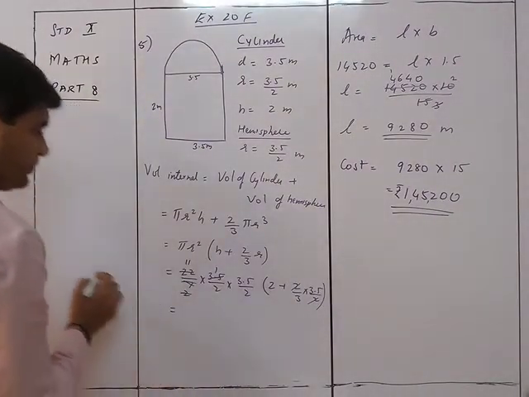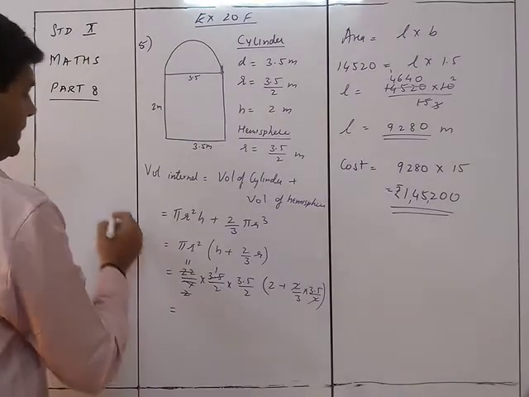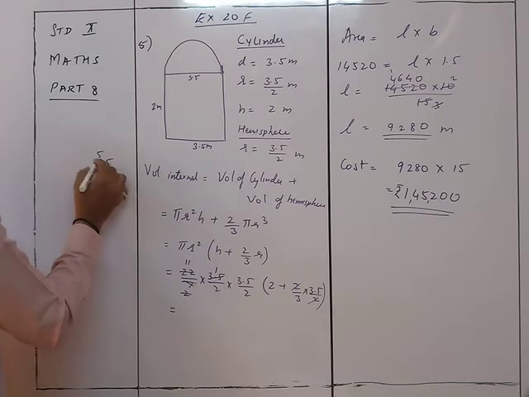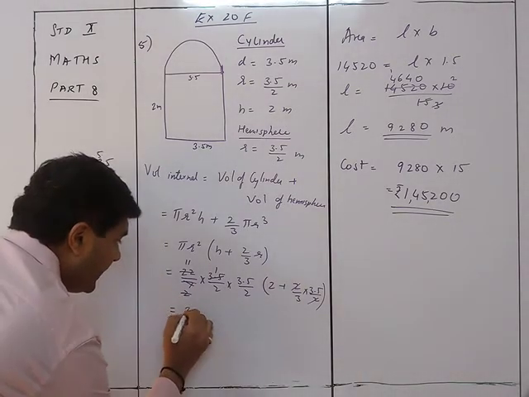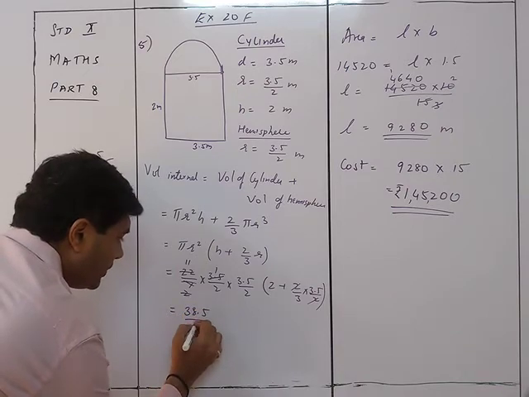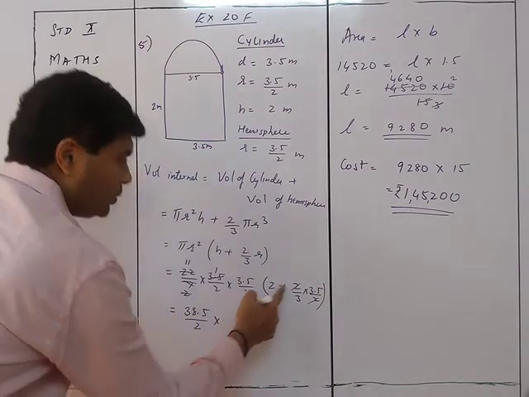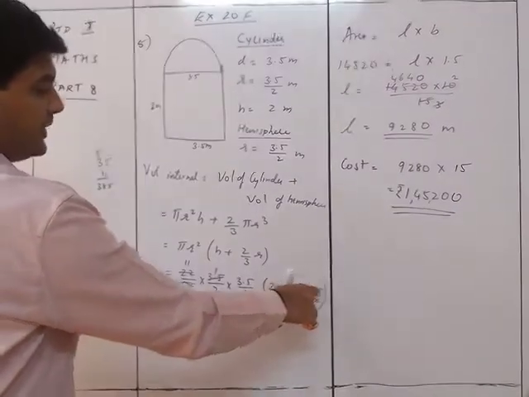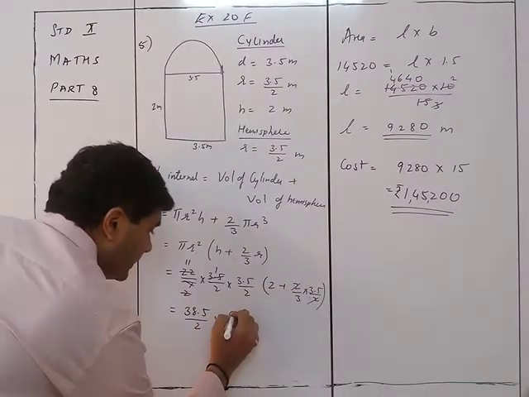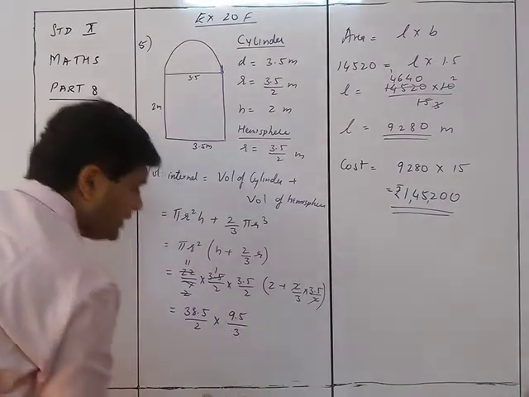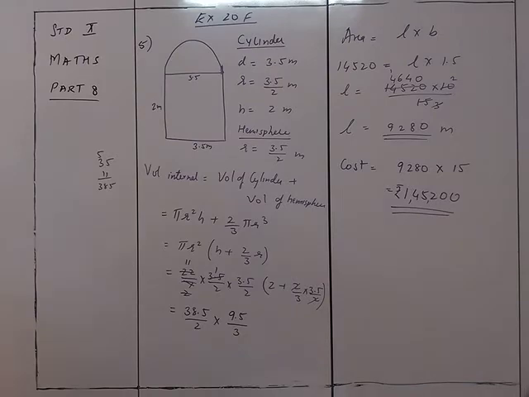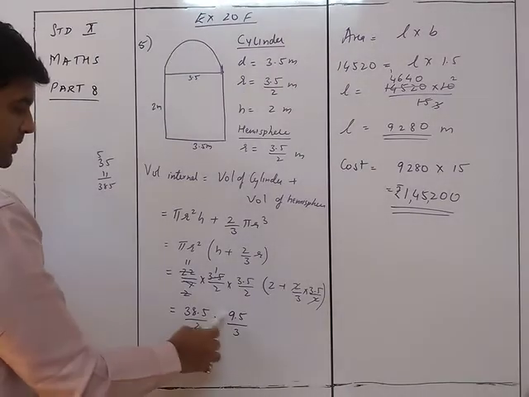So this will be 3.5 into 11, that is 38.5 upon 2 into 2 plus, now this is 3.5 upon 3, so that will be 6 plus 3.5 is 9.5 upon 3. Let's check if this is divisible by anything.